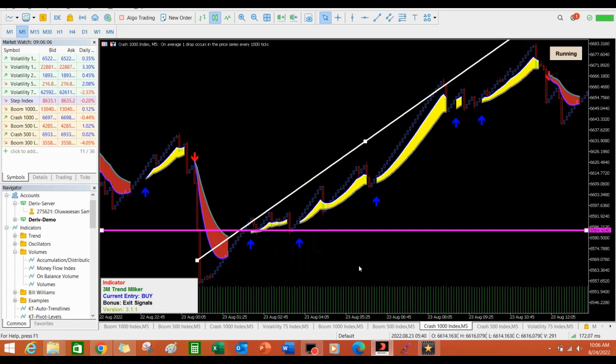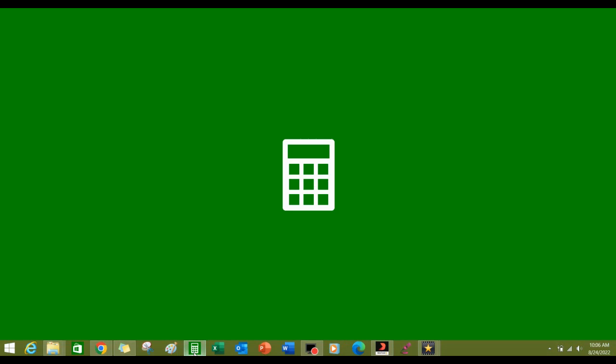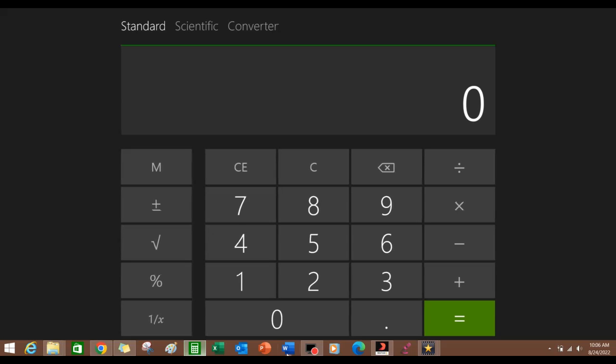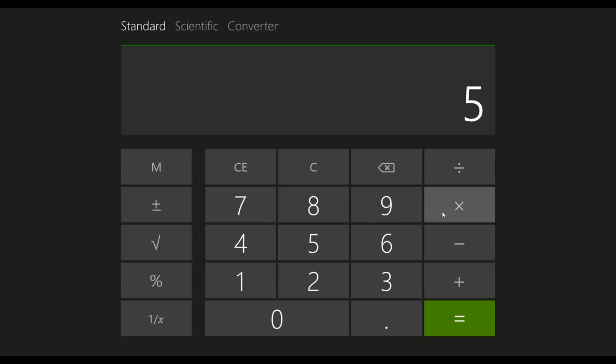Okay, so if you do your calculation very well, you will notice that you're going to milk the markets with that. That is 5 times 5, that is 25 minutes. Let's say you are using 0.5 lot size, which is giving you, let's say, 50 cents per minute, times 25, that is $12.50.